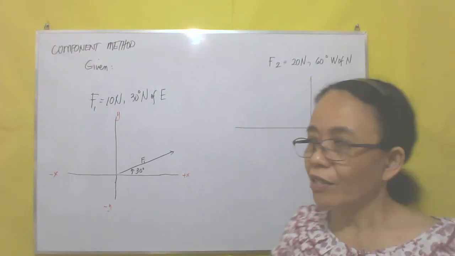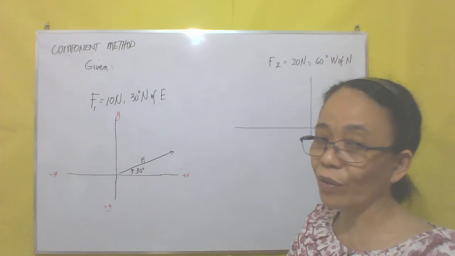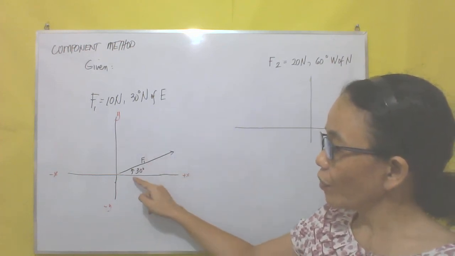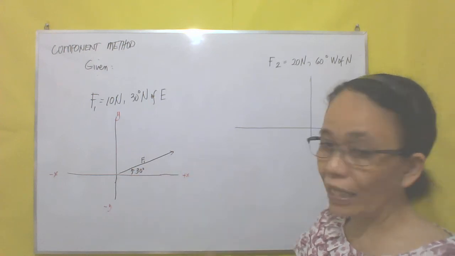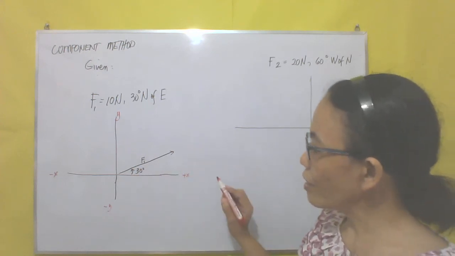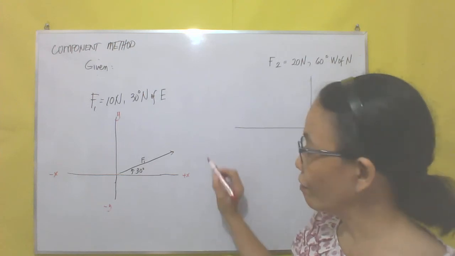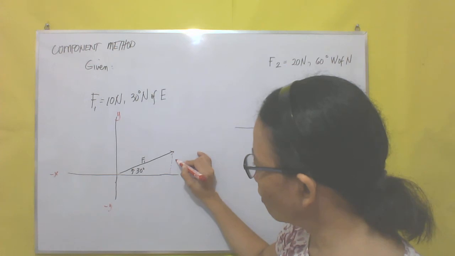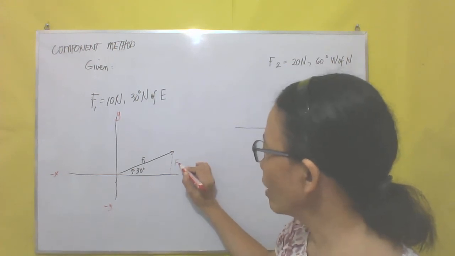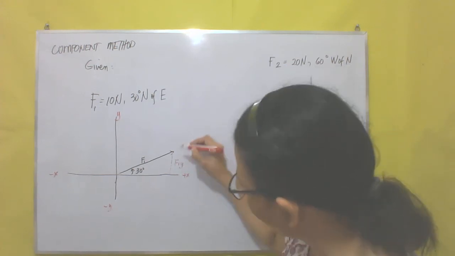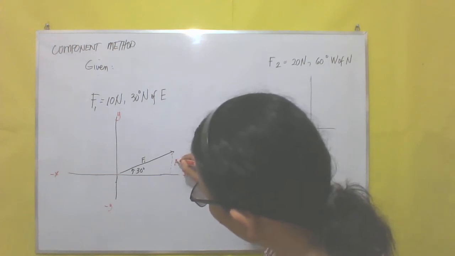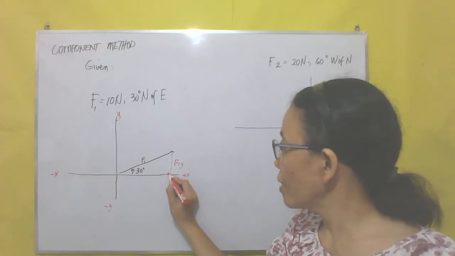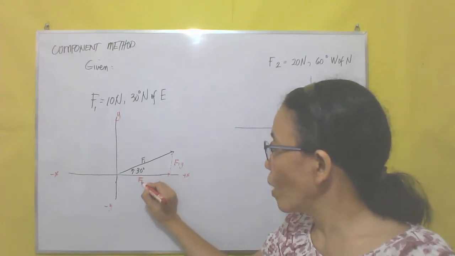Another example. F1, 10 newtons, 30 degrees north of east, is somewhere here in the first quadrant. To determine the x and y components of this vector F1, we can draw a broken line here, and this will be denoted as F1y, the y component of force F1, and this is the F1x.